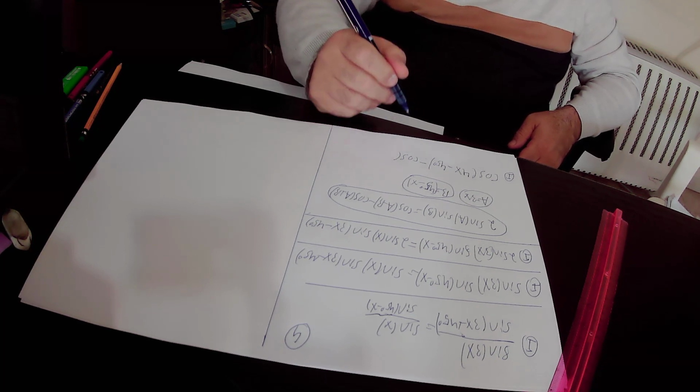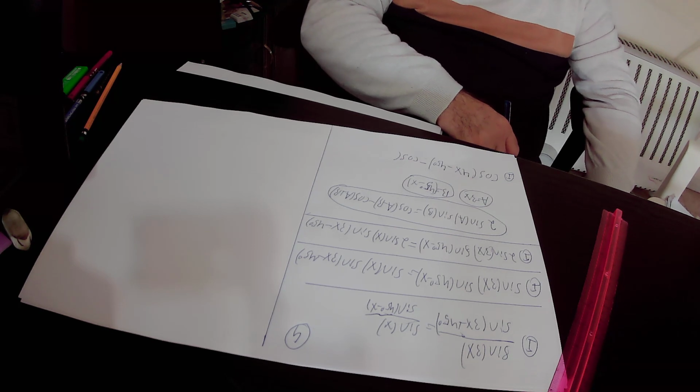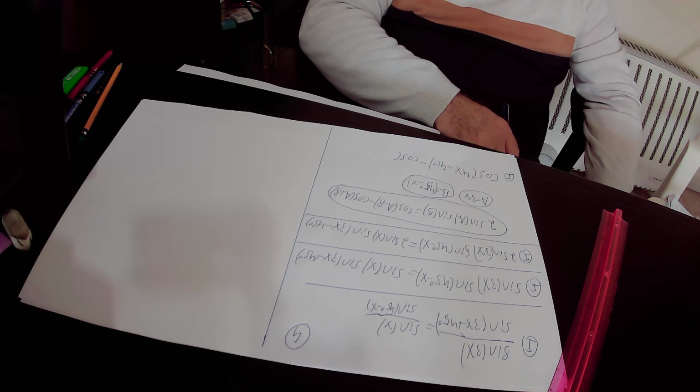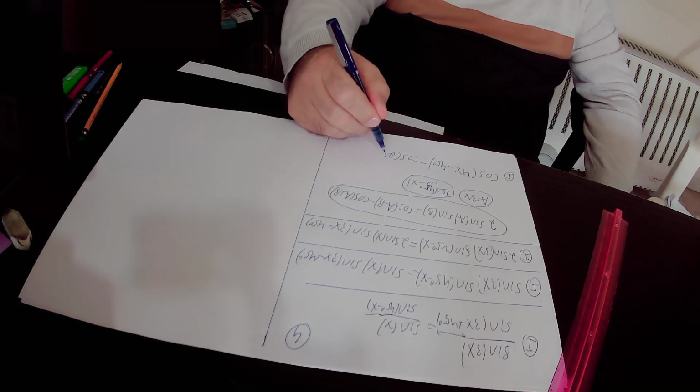A plus b, when a is 3x and b is 45 degrees minus x, is 3x plus minus x, that is 3x minus x, which equals 2x.